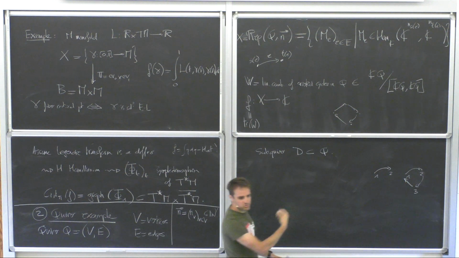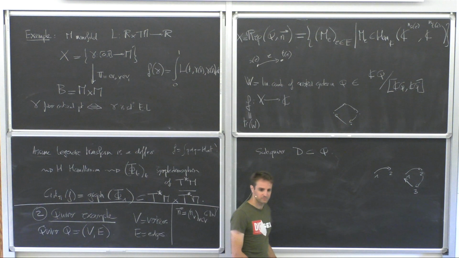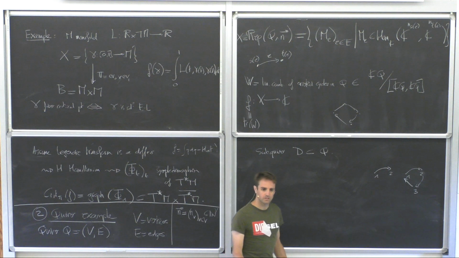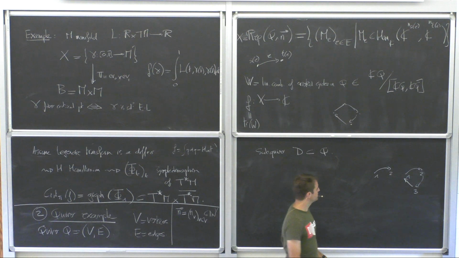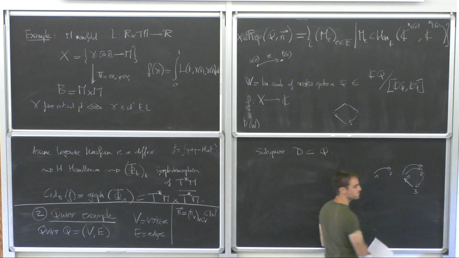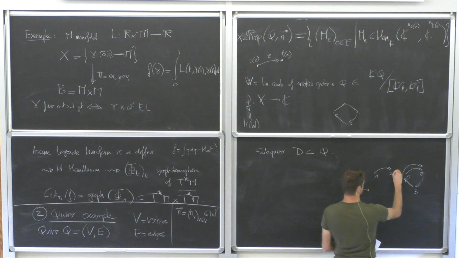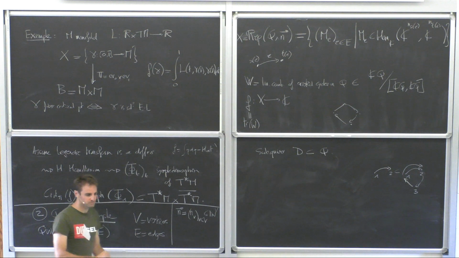That's a subquiver, for instance. Oh yes, that's also a subquiver. It doesn't have to be full, right? Absolutely. And you'll see that the main example I will be interested in is not full.